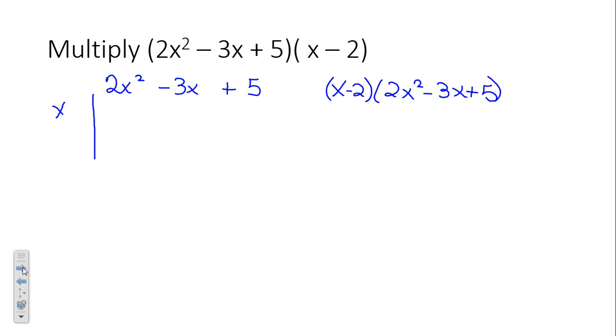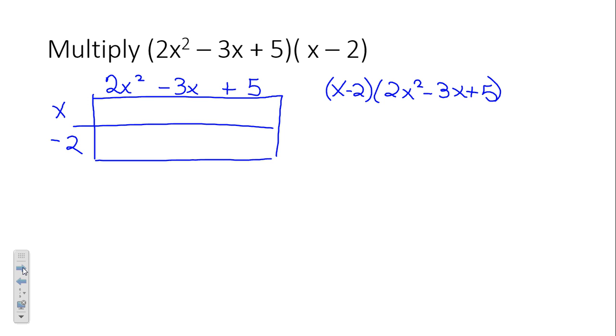And then we need an x and a minus 2. So we'll draw our box here. I tried to give you room on the worksheet so that you can draw those in. And then we take x times 2x squared. And what do we get? I'll give you a chance to draw your box.